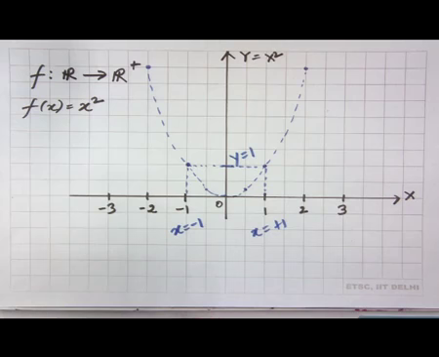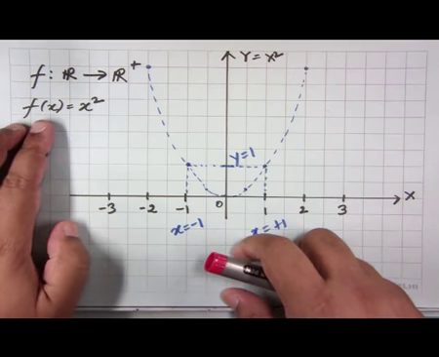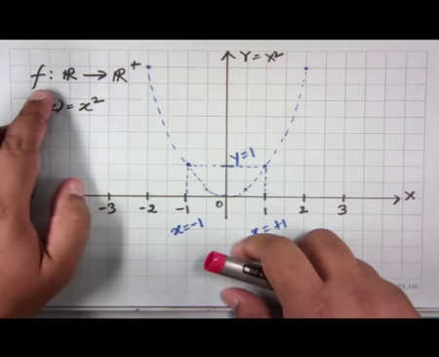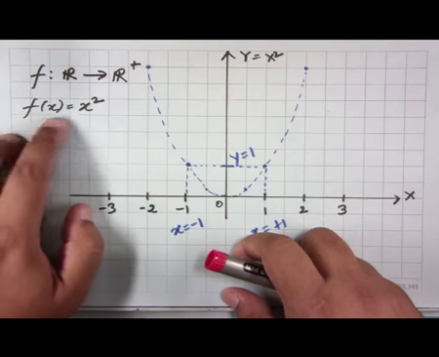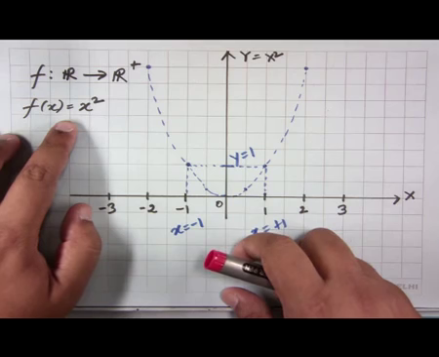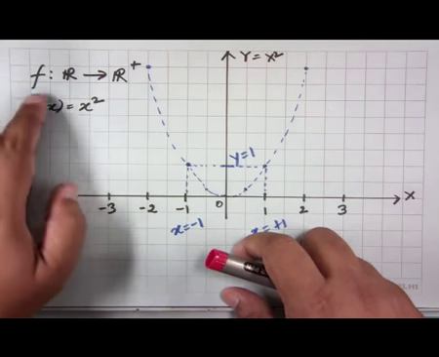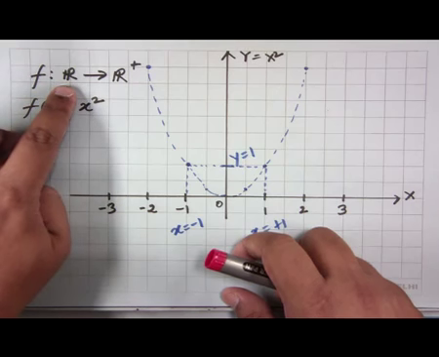One usual trick is that we try to restrict and define a new function f which is the same as the old function. So, we will still have f x equal to x square, but we will restrict the domain of this function f from the set of all real numbers to a subset of the set of all real numbers.